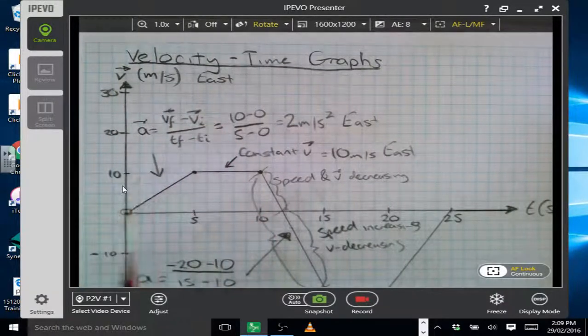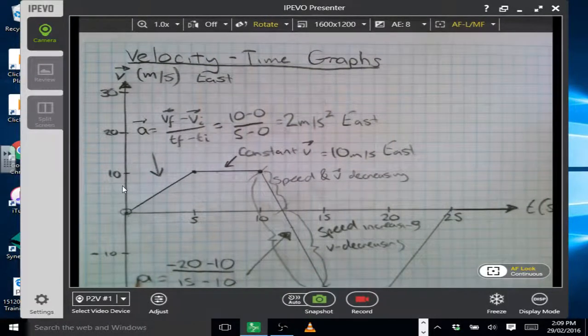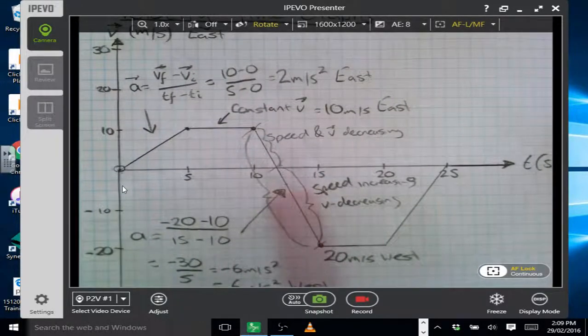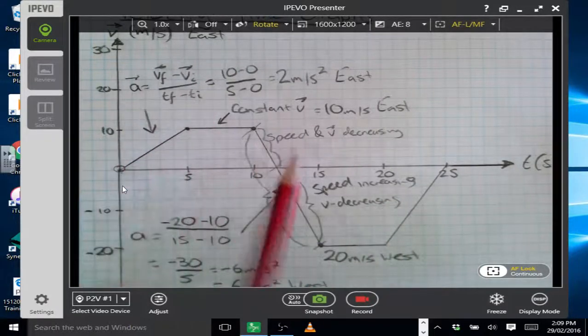Now, if I got a negative velocity towards the east, that means I'm going positive to the west. So remember, we can use the different signs to represent one-dimensional motion in two directions. Everything below the axis is motion in the negative direction. Everything above the axis is motion in the positive.